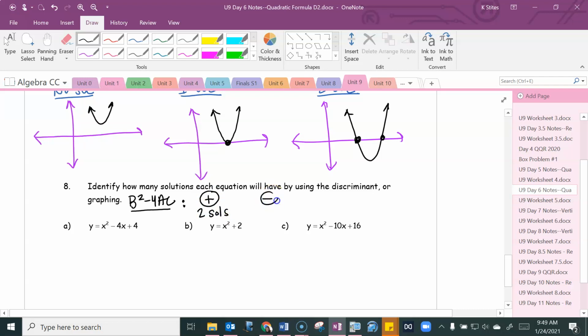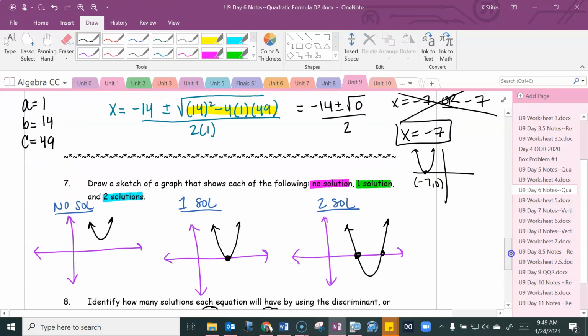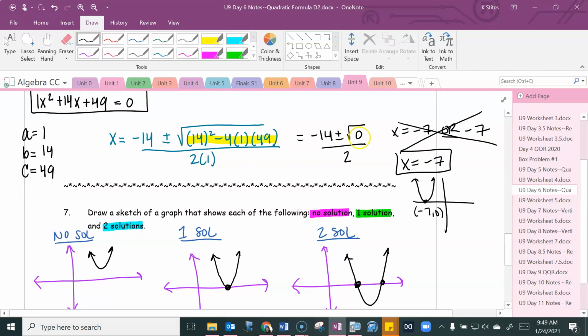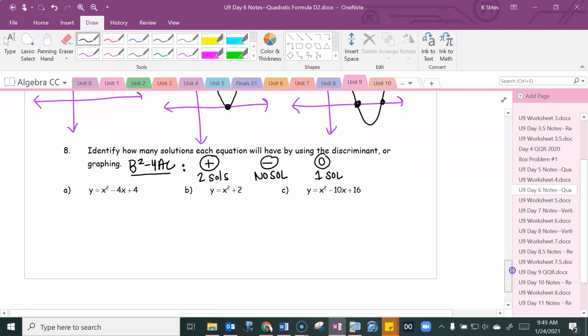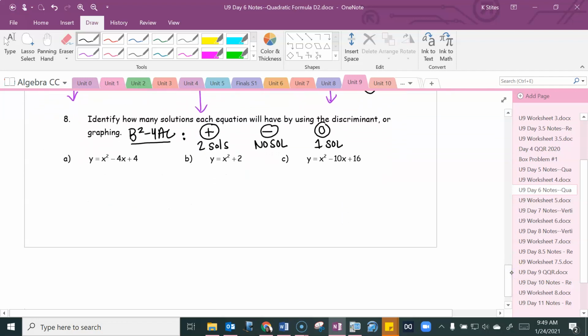When it's negative, well, we can't take the square root of a negative, so that's going to be no solution. And then our new situation, we found out when our discriminant is 0, we only get one solution. All right, so let's find the discriminant of these guys right here, and then before we even do the whole problem, we should be able to say how many solutions there are.